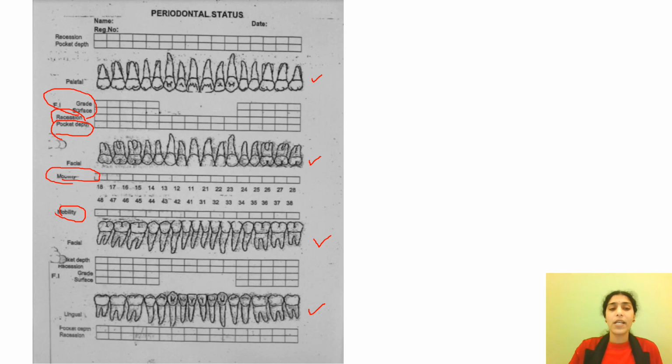For example, on this canine there could be readings of 2 mm, 5 mm and 7 mm, and on the palatal surface of the same tooth, 1, 3 and 1. So the pocket is actually present on the mid buccal and mesiobuccal surface of the canine. That is the area where I need to do the debridement. So that helps you to identify the actual pocket sites.